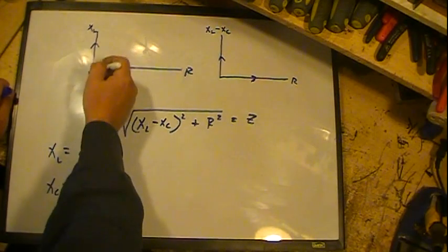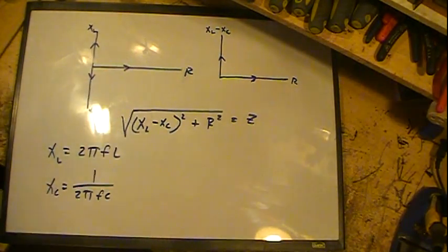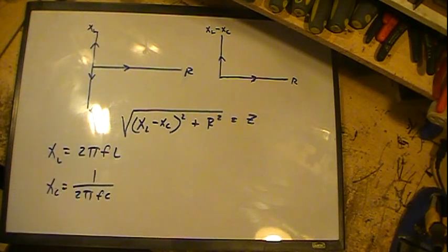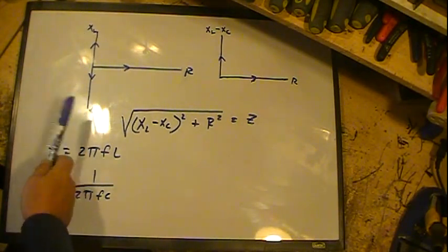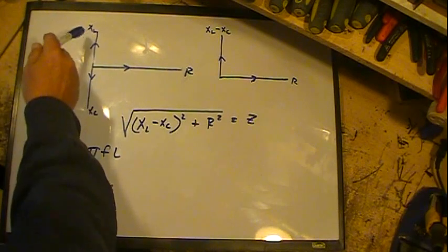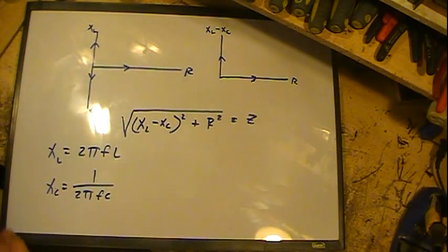That's what creates this. And this comes from the fact of how inductors and capacitors deal with an AC sine wave and the voltage and current. In inductors, when you have just an inductance in a circuit, then the voltage will lead the current by 90 degrees in phase. There's a phase difference of 90 degrees.